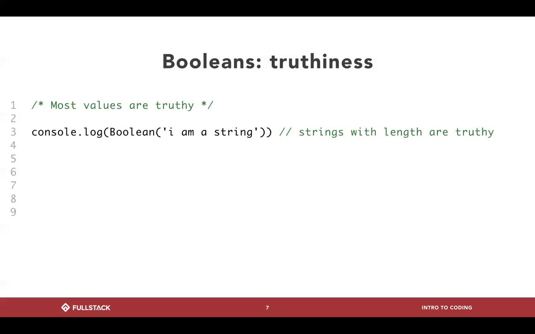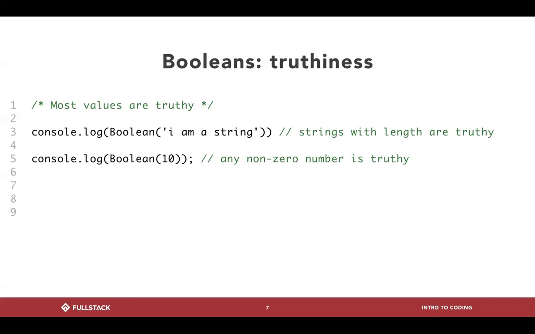It's called type coercion, but the quick way of looking at this is that it takes this value, "I am a string," and changes it into either true or false. And in this case, it's true.